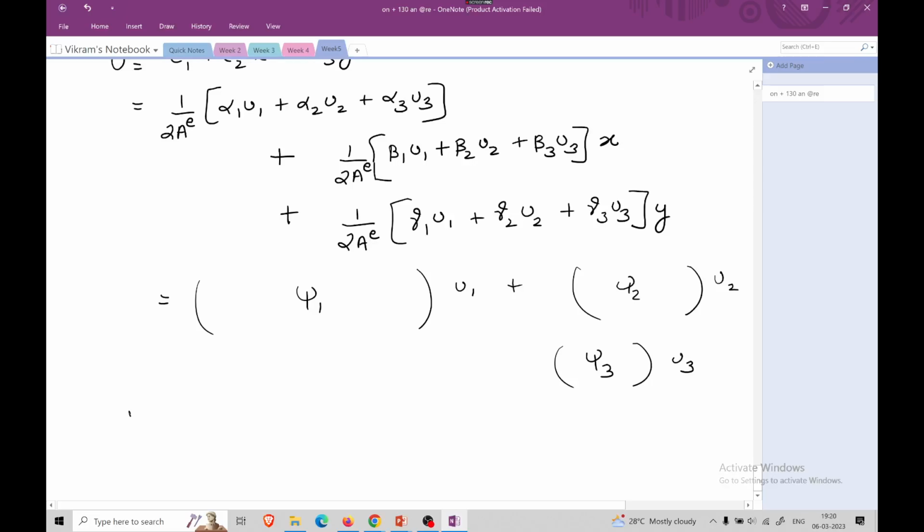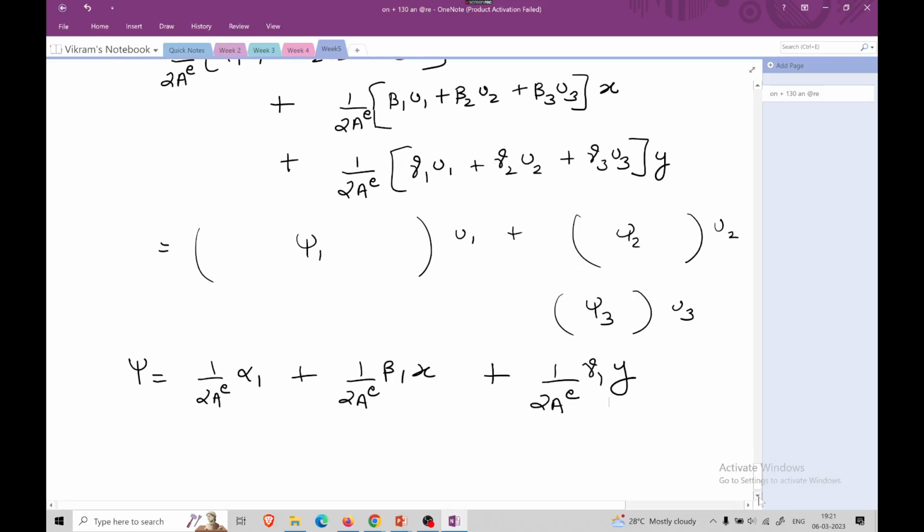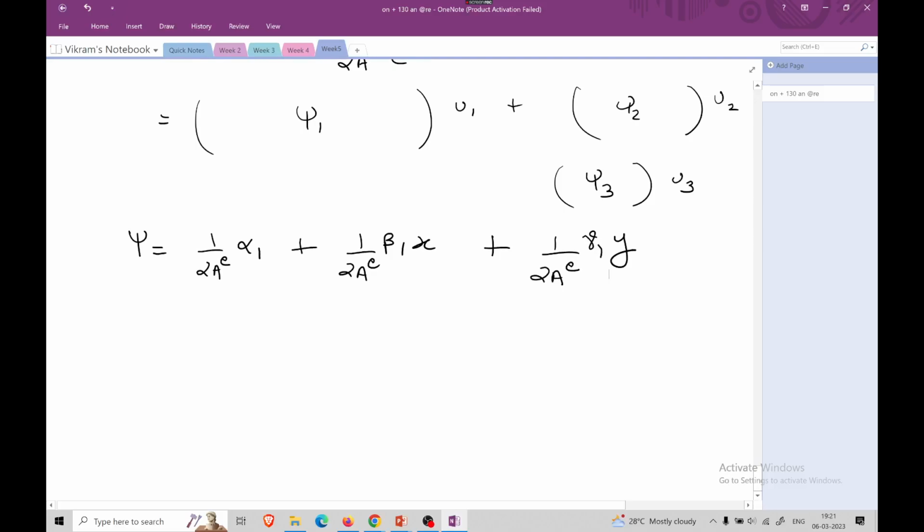So what is psi 1? What is the coefficient of U1 from here? 1 by 2AE into alpha 1. Then from here 1 by 2AE beta 1 and x. Then similarly 1 by 2AE gamma 1 y. Okay, so this is my psi 1.